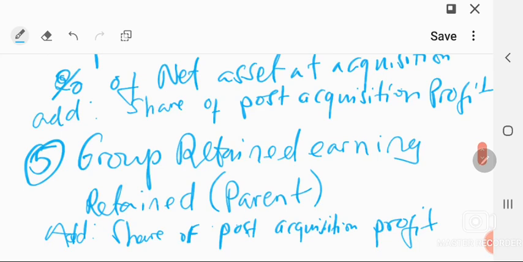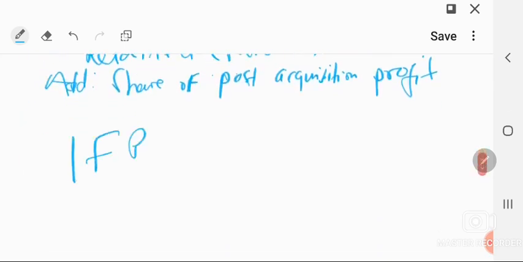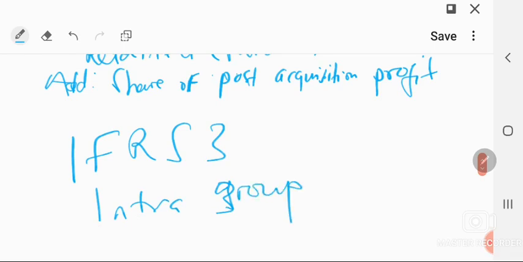The other standard, IFRS 3, just mentions that we need to offset or eliminate intra-group items. We'll look at them as we further develop more videos on this same topic. Intra-group items, things that are bought within the same entity, are supposed to be offset or eliminated.